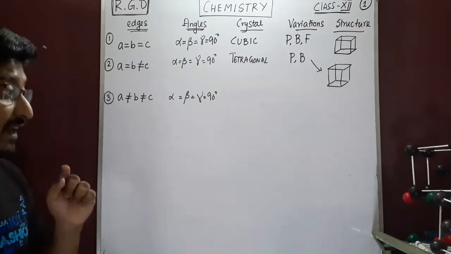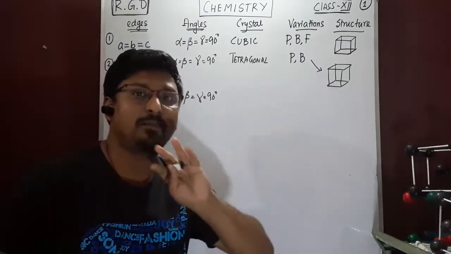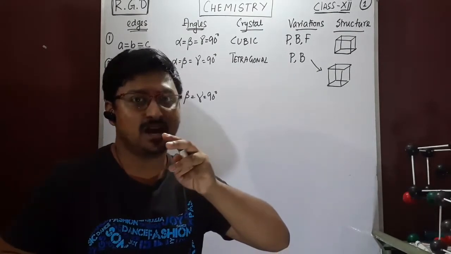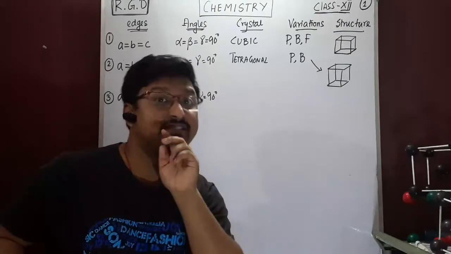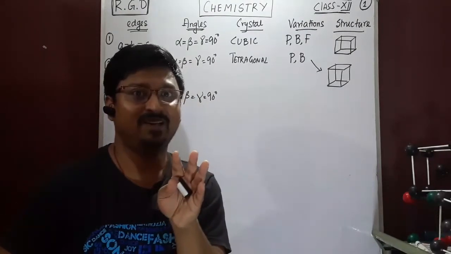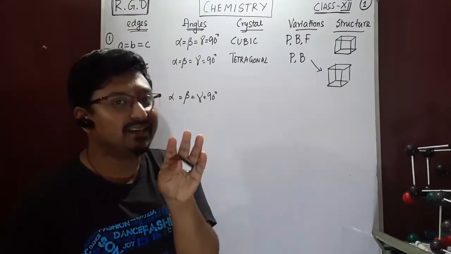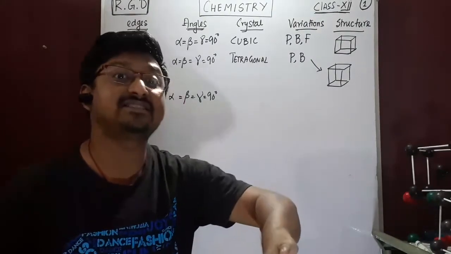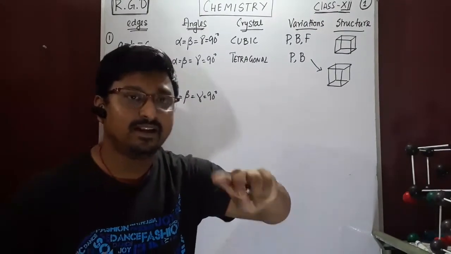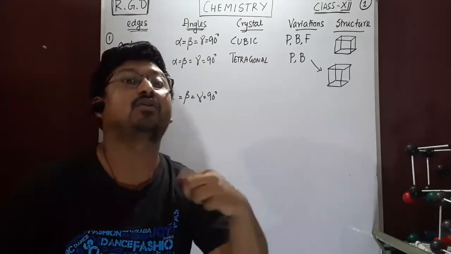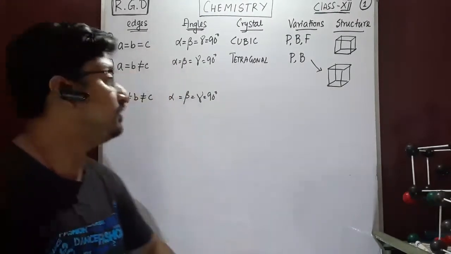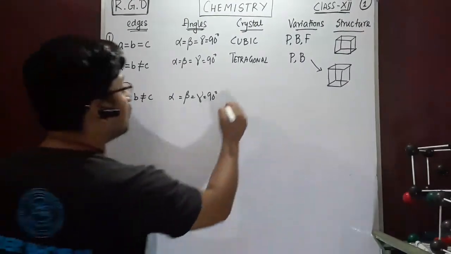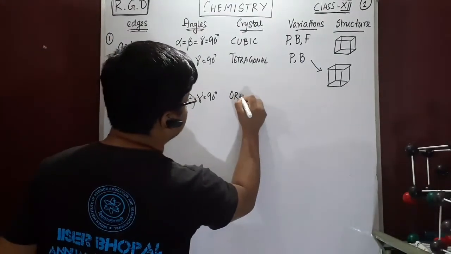Now see, in the previous case, all your angles are not 90 degrees, but your sides are the same. So when I say the opposite, all angles are 90 degrees, but sides are not the same. 90 degrees is known as an orthogonal angle, right? In mathematics you will know. That's why this kind of system is known as orthorhombic.